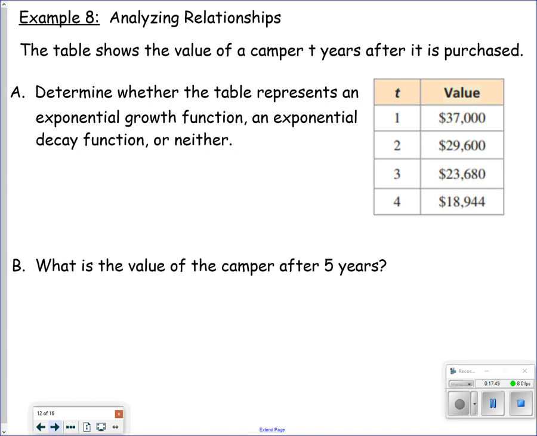Next one, and this gets a little bit more complicated only because the rate at which it's going and what it multiplies by is a little more challenging to find.